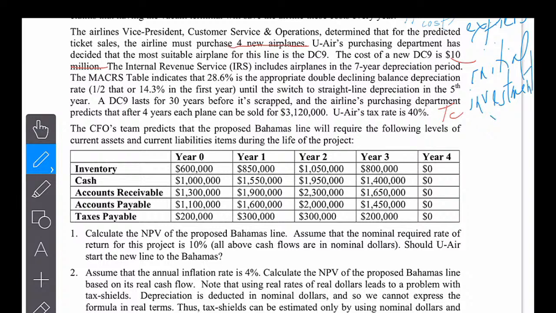And then depreciation. So we'll underline that. Remember, we're going to depreciate and claim losses. Right, and then we're going to sell the planes.